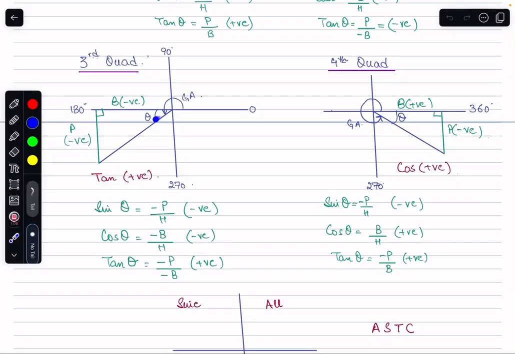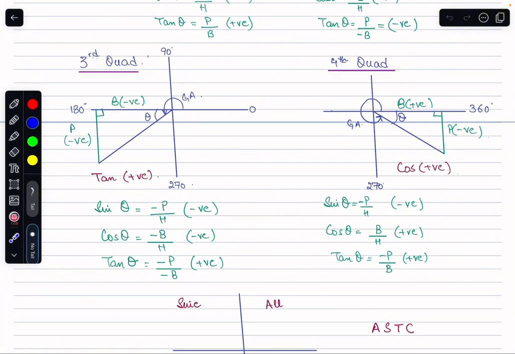Third quadrant, the rotation lies here, having a basic angle theta. With respect to the basic angle, again, we have the right angle triangle. Base negative, being on the negative x-axis. Perpendicular also is negative, being parallel to the negative y-axis. So again, sine theta, perpendicular over hypotenuse.